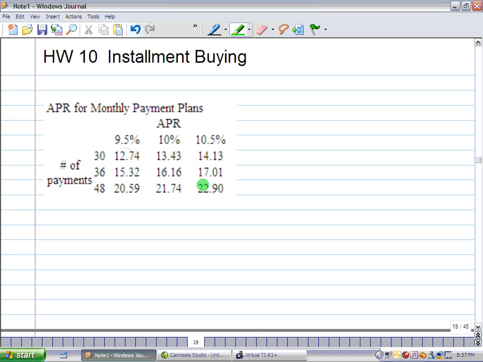This table is set up so that the values in here are the finance charge, the interest that you're paying. And this is per $100 of loan.